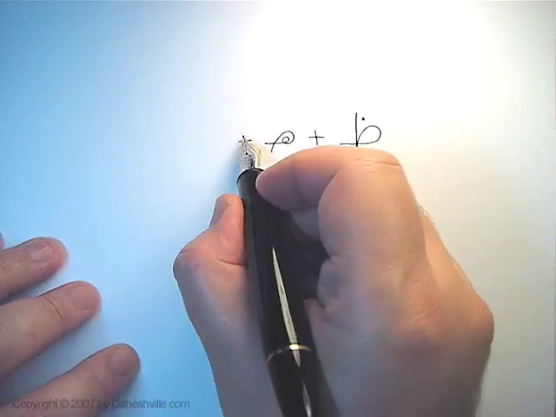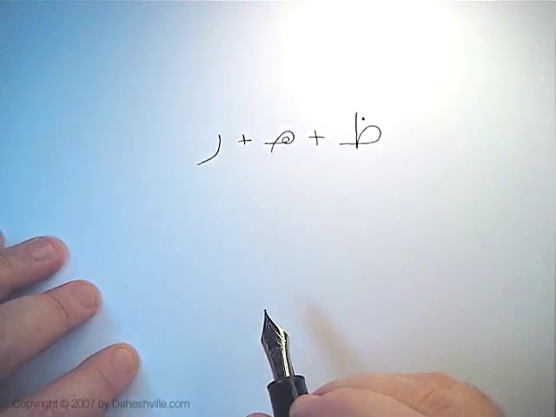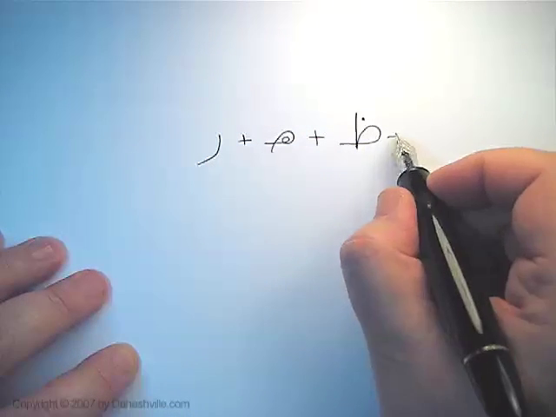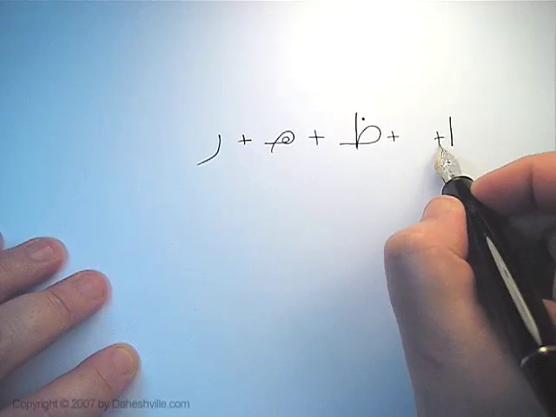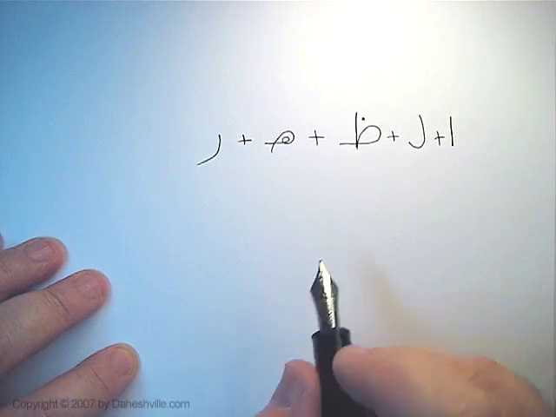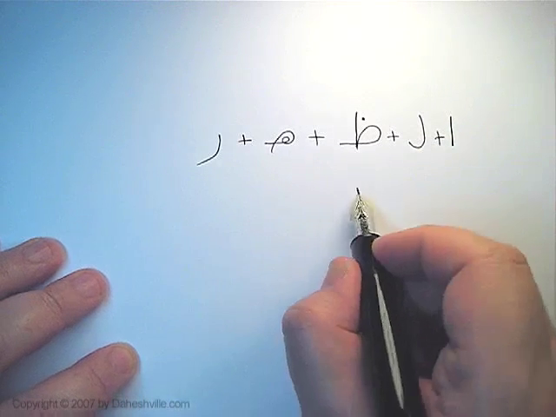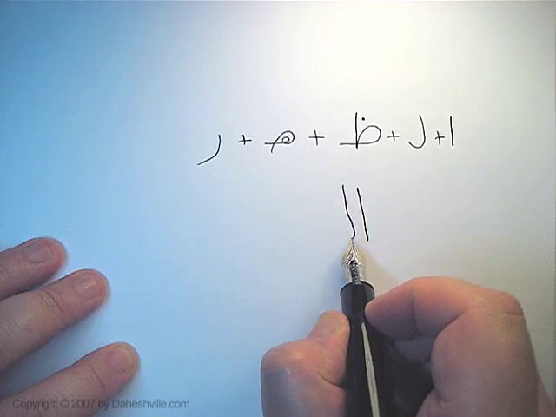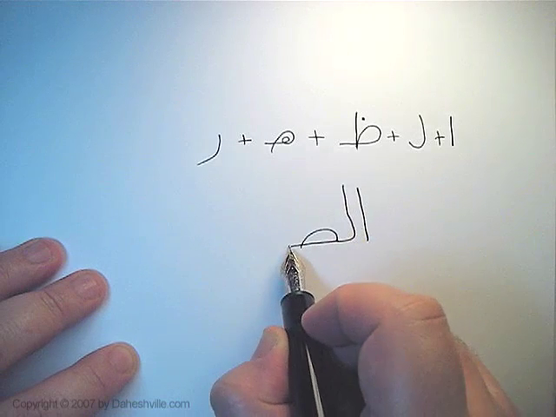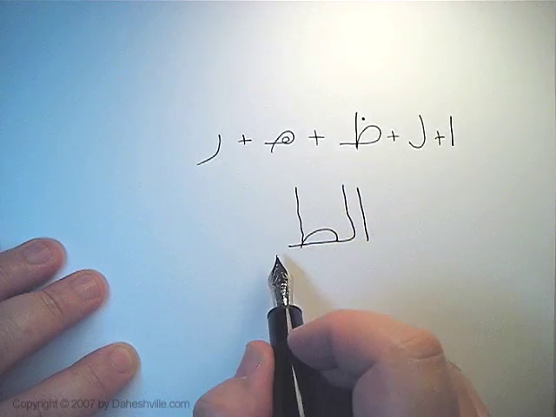Okay, now the letters I've written, actually, hold on. 1, 2, 3, 4, 5 letters. Alif, lam, dha, ha, ra. That letter in the middle is a new one. Dha.